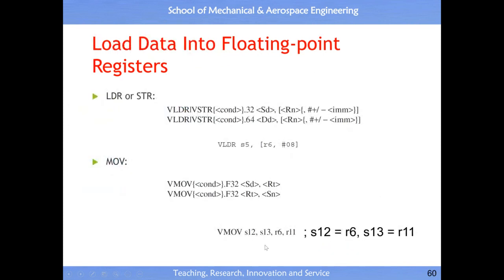So when you do the move, basically it means let this instruction convert the value stored inside register R11 into the single precision floating point register S13, and at the same time convert the value in register R6 and store the conversion result into the single precision floating point register S12.